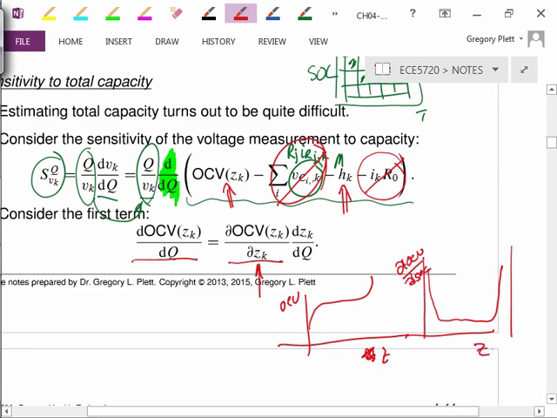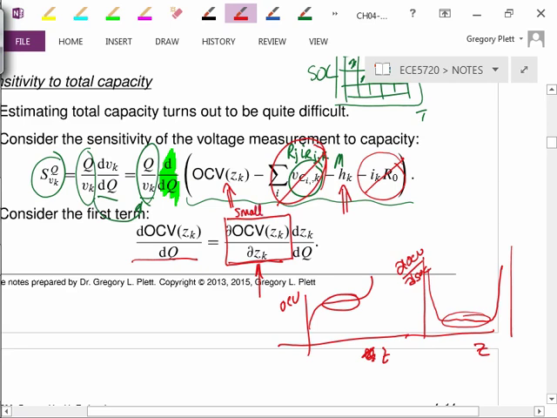And so there is something there. It's not zero. However, in this part of the curve, which is where we operate most of the time, the slope is very small, and so the derivative is very small, and it's usually on the order of maybe 1 millivolt or a couple of millivolts per percent state of charge. So this derivative term here exists. It's positive, but it's small.